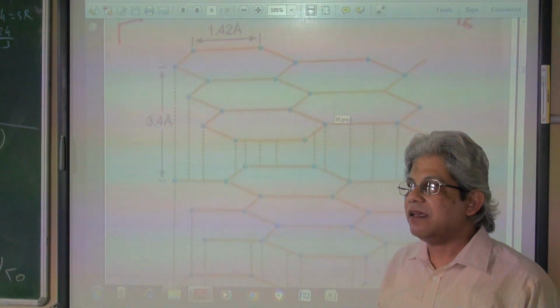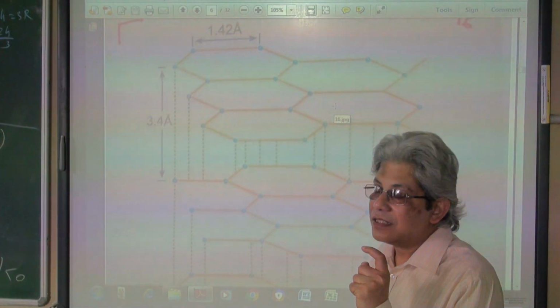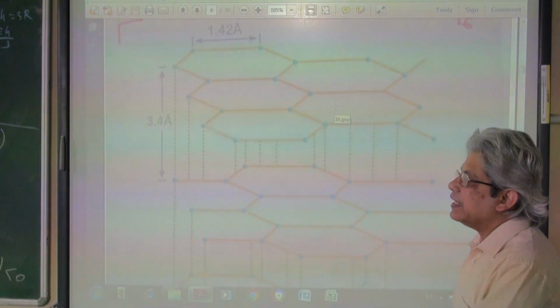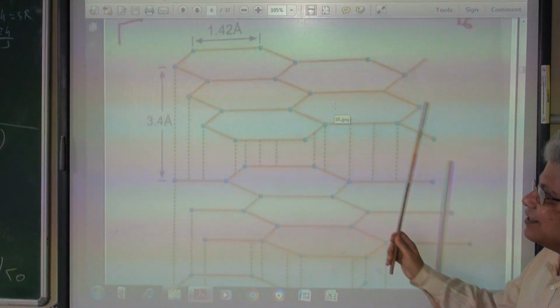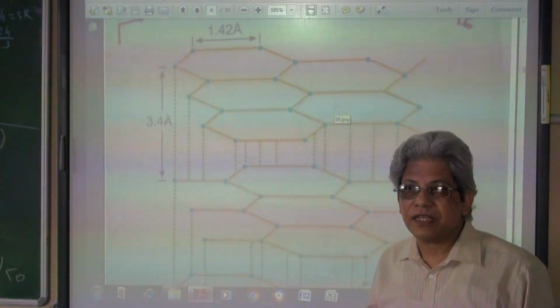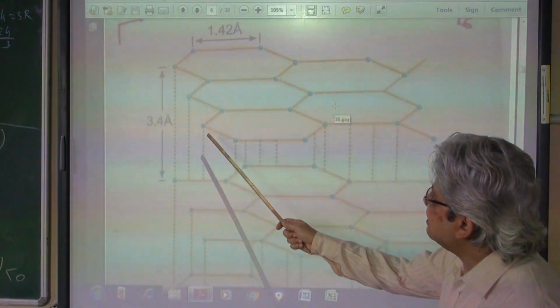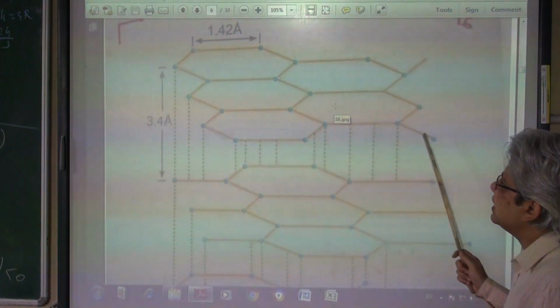Here I think I can explain one property which I told you in the previous class very well. That is the anisotropic property. For crystalline solids, we have said that there are some properties which are anisotropic. Here we see the electrical conductivity through graphite is anisotropic in nature.